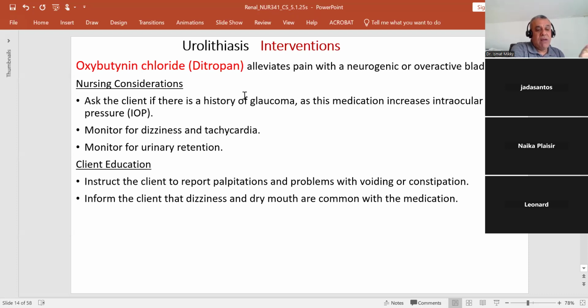So the shock waves are going to emit this kind of ultrasonic waves to break the stones into small fragments, very small, tiny fragments that can pass through the urine. This patient will not be fully awake, it will be conscious sedation.